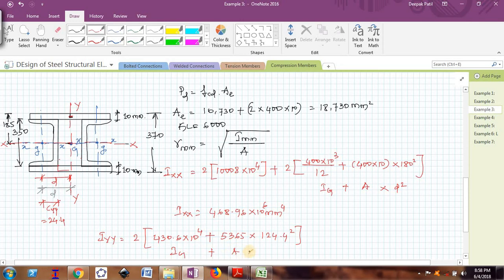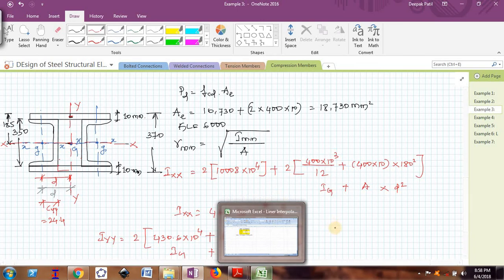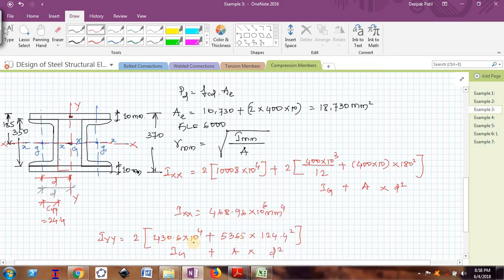Similarly, it is once again Ig plus A into D square, right? So why multiplied by 2? Because 2 channels are there. Now this is for the channel, plus for the plates, right? So I will multiply it by 2 once again, because 2 plates are there. Now B will be 10 and D will be 400, because 10 is the dimension which is parallel to the axis on which I am finding the moment of inertia.